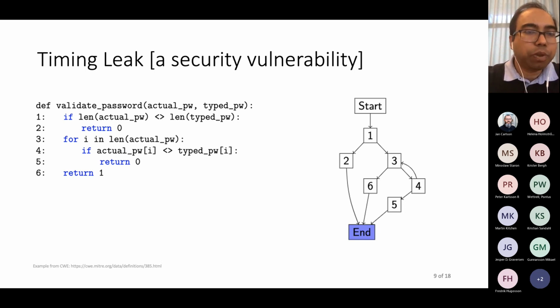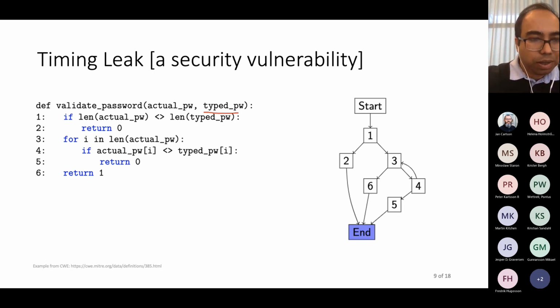It basically validates a given password. Once somebody types a password, it checks whether this password matches the actual password or not. First it checks the length of the two passwords, the actual password and the typed password. If they do not match, the program terminates and exits from here.